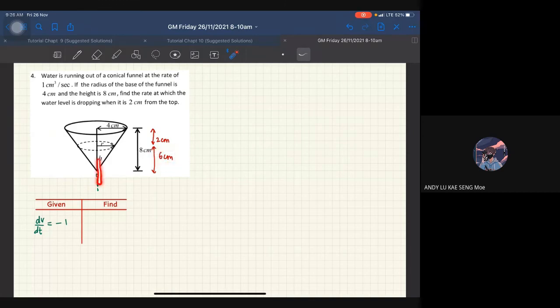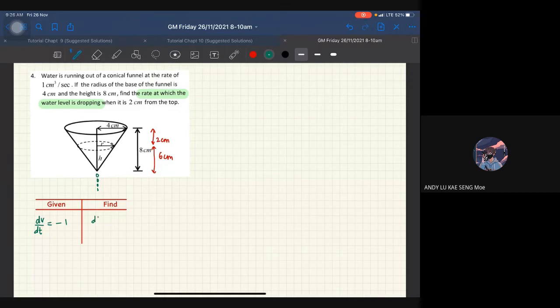Like that. Okay, so kita akan hasilkan satu chain rule. So we have dH over dt is equal to dH over something times something over dt. So awak nak letak apa dekat situ? dV. dV ke dr? dV sorry.